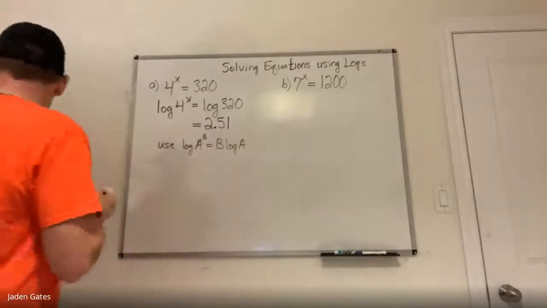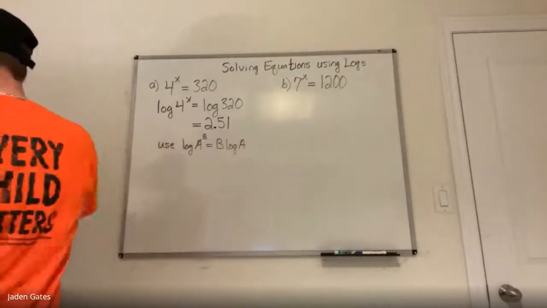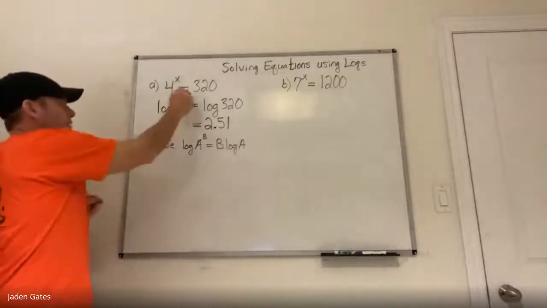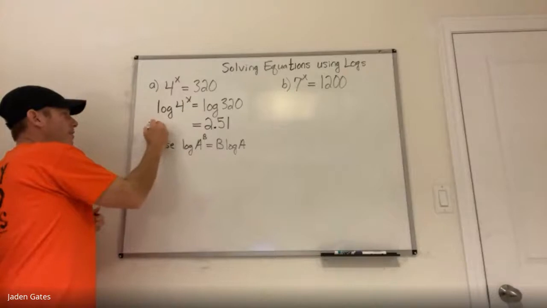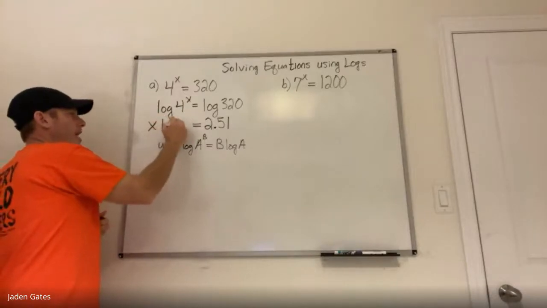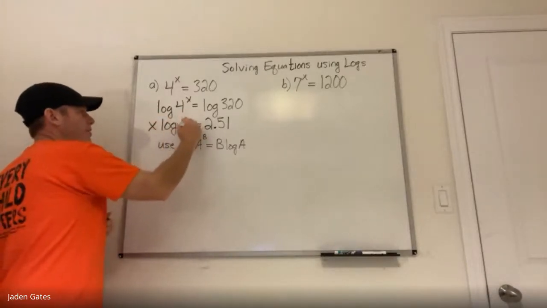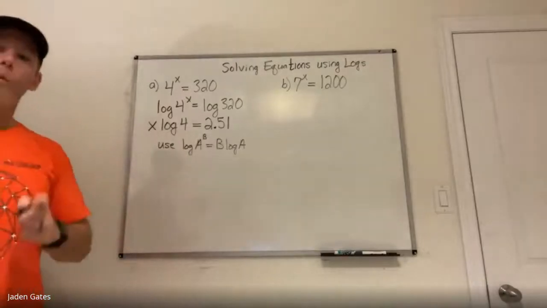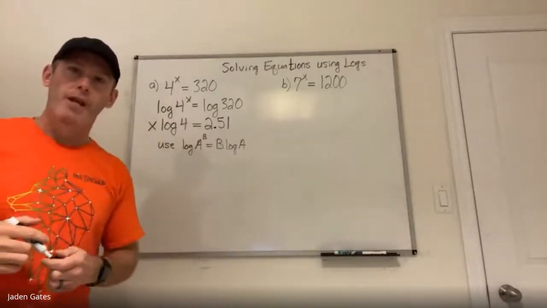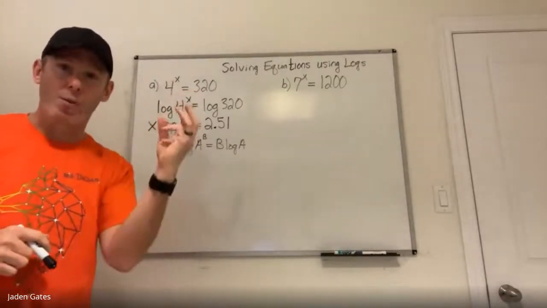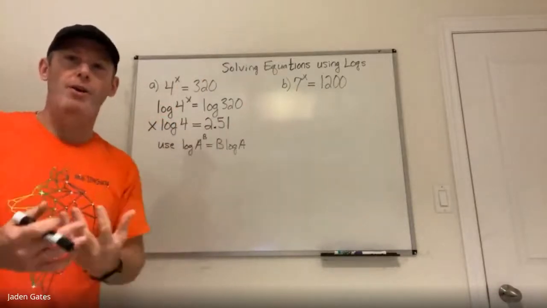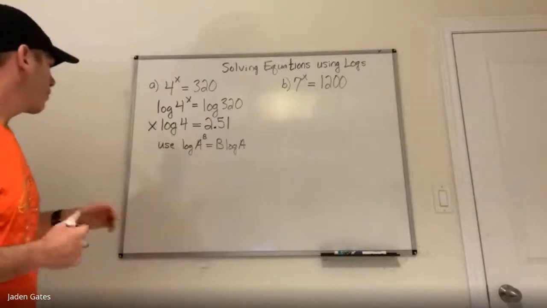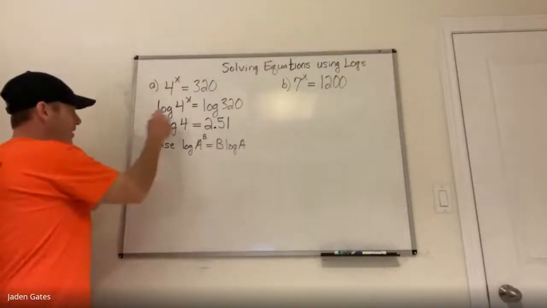So I'm going to bring my x down in front, so that I have x times the log of 4. What that has allowed me to do is take that x that was an exponent and bring it down to a normal number. So now it's something we're used to working with.